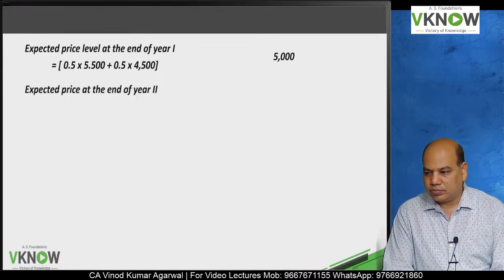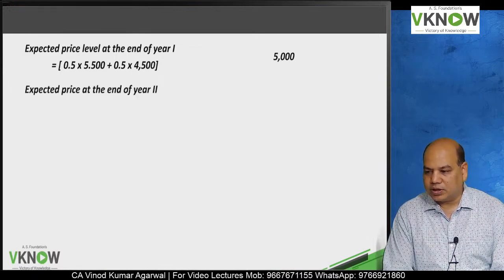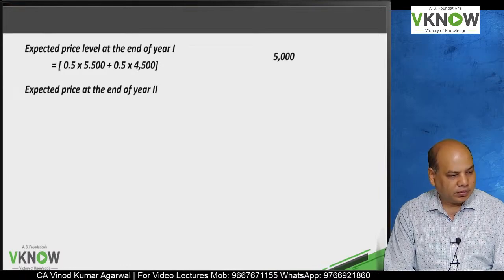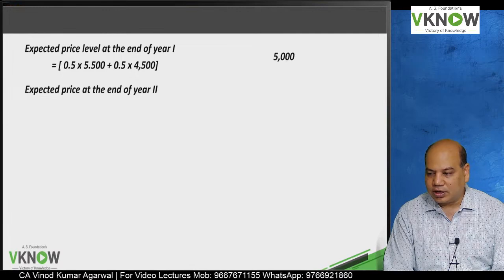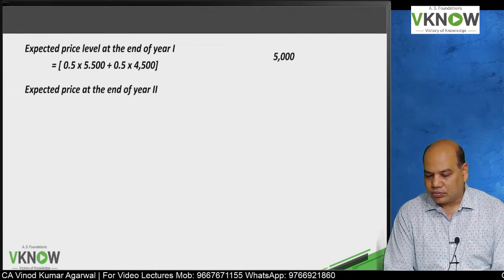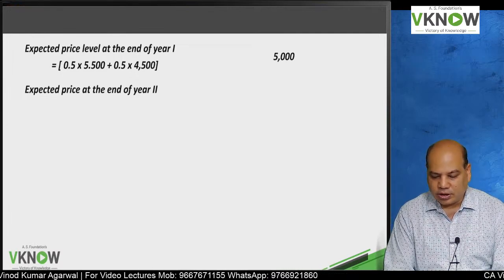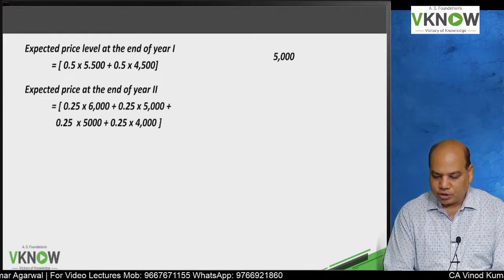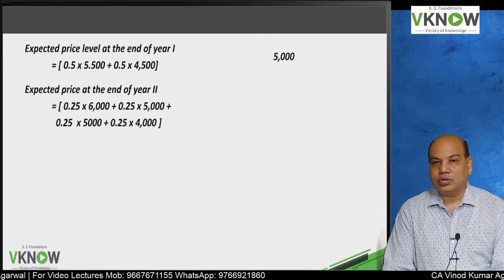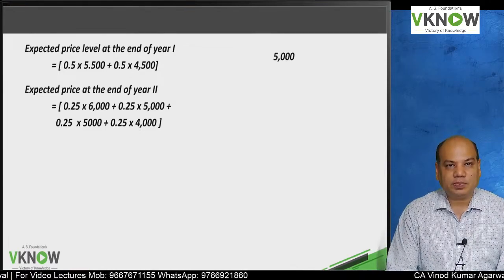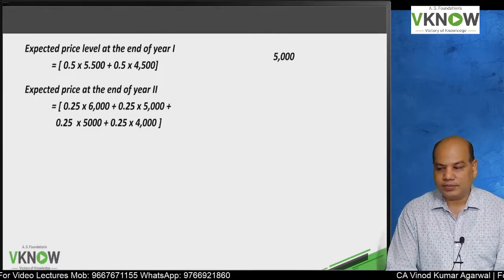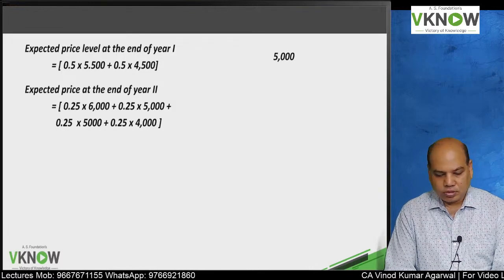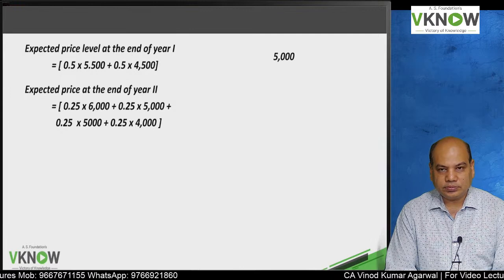Now write down expected price level at the end of year 2. There are a total of 4 possibilities. Each possibility will have a probability of 0.25. Please solve and give me the answer.